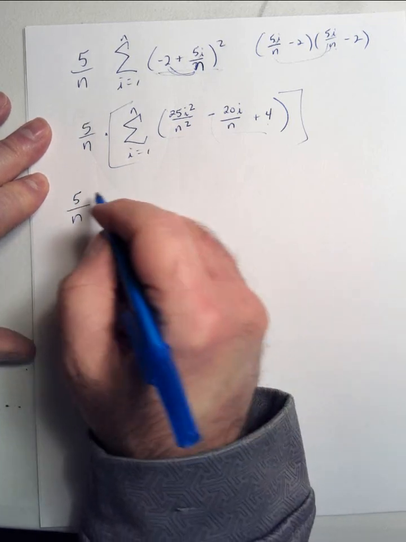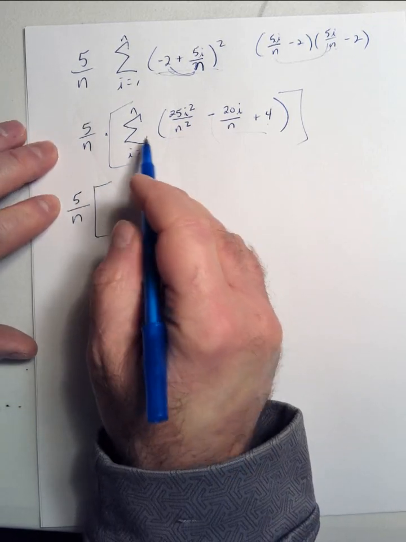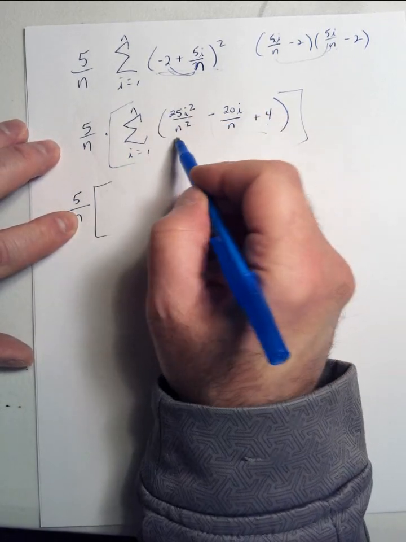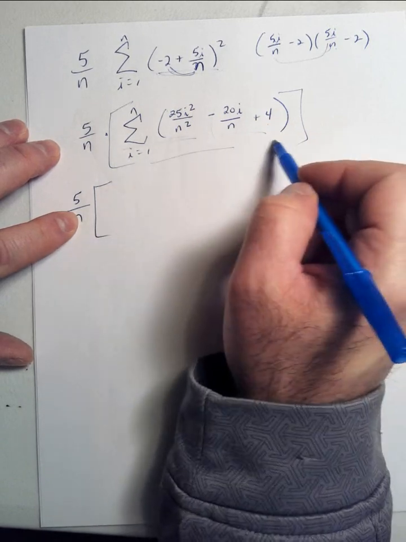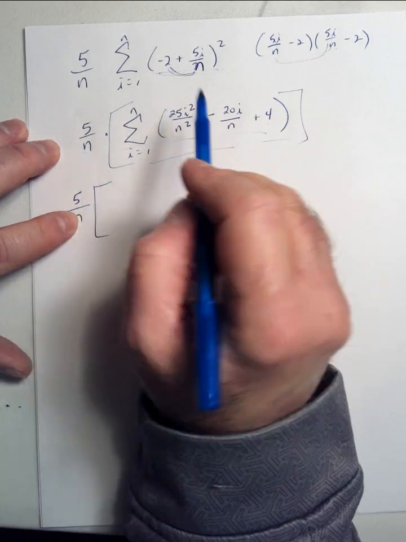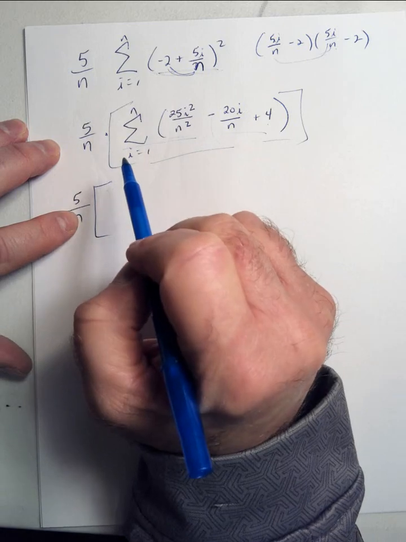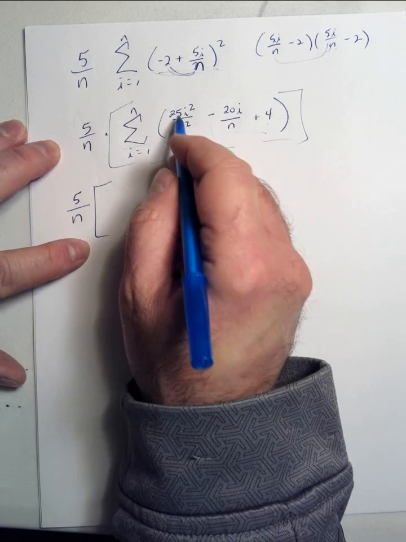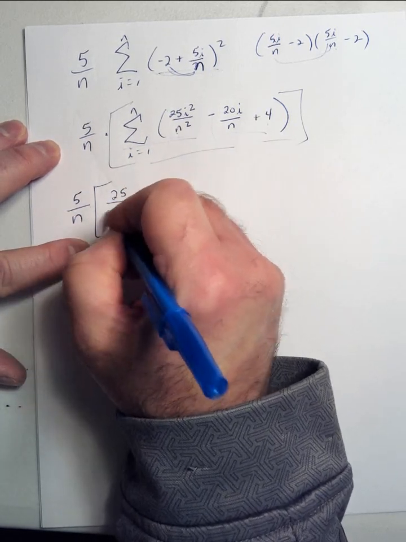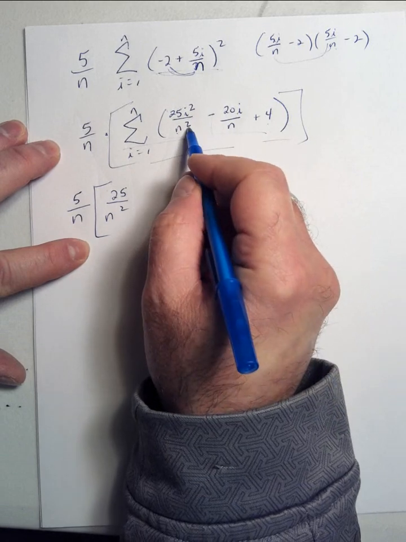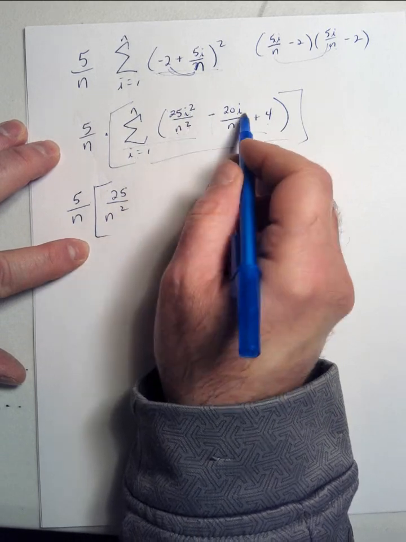So yes, there's a lot of work involved here. I'm going to split each one of these up into their sums, but you can go ahead and pull the constants out front while you're at it. So the 25 over n squared is a constant. Anything with an n in it's a constant. Anything with an i in it is not.